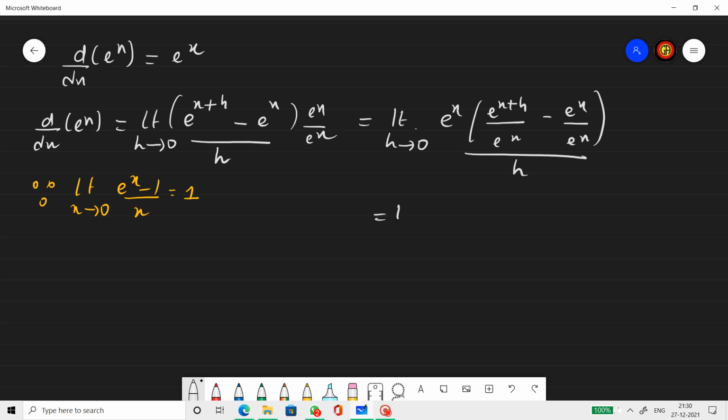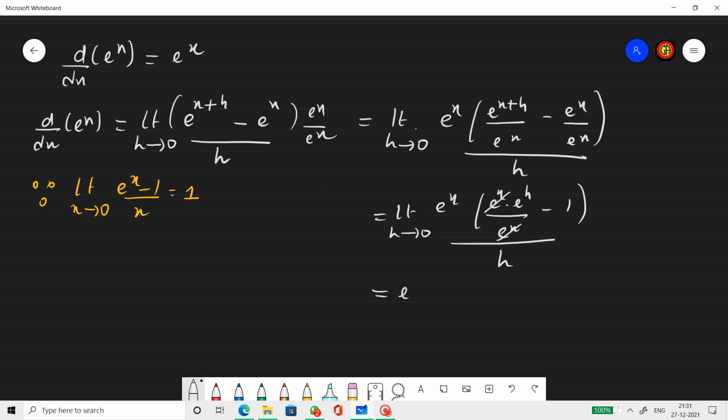Now, limit h tending to 0 of e to the power of x, and here how can I write e power x plus h? e power x into e power h by e power x, and over here it's 1 by h. This will get cancelled eventually, and as I said before, e power x is not going to change because of h tending to 0, so this will be taken out of the limit.